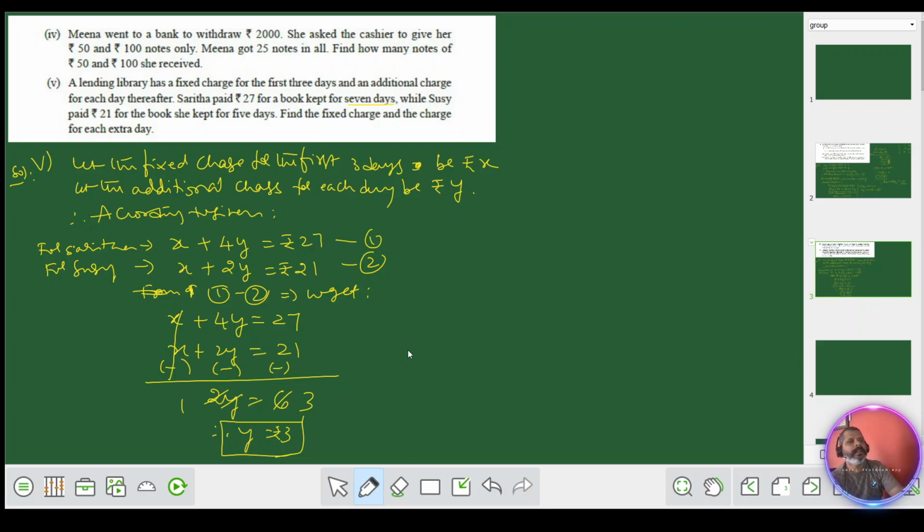Clear? Then substitute this in either equation 1 or 2. It's your choice. I'll go with the first.